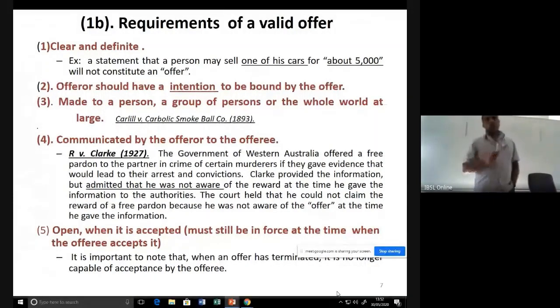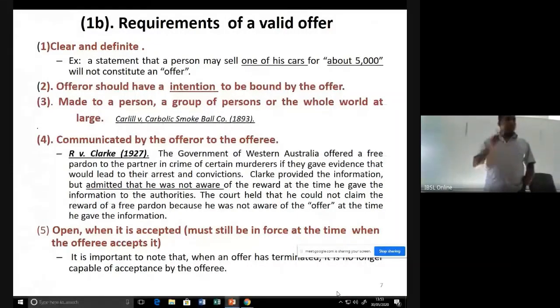That looks like an offer. It's a promise. I may sell one of these pens for about 50 rupees.